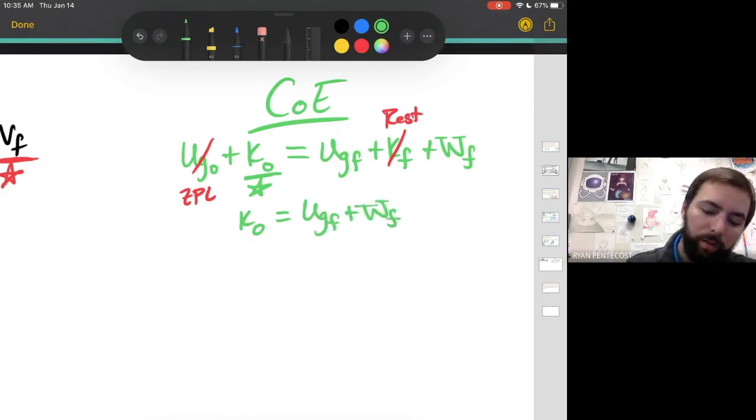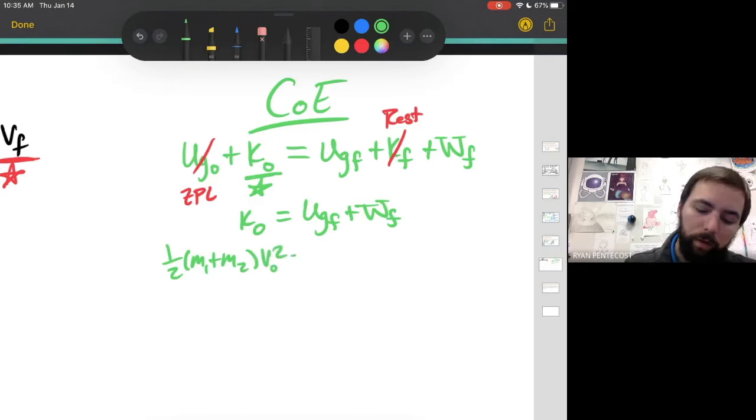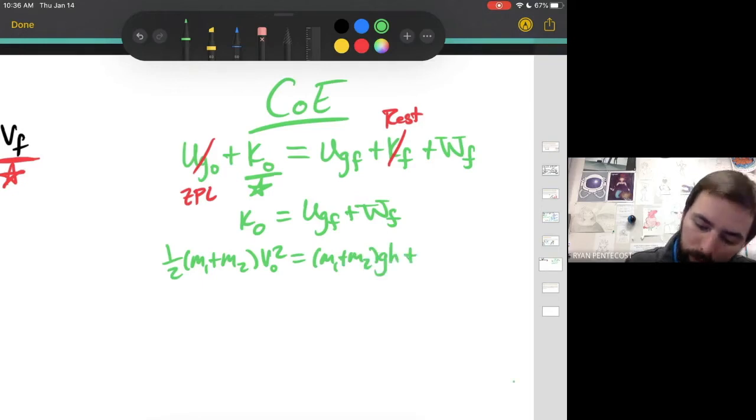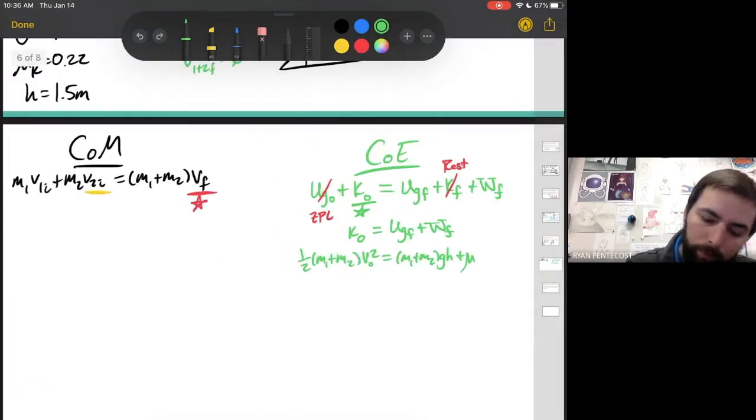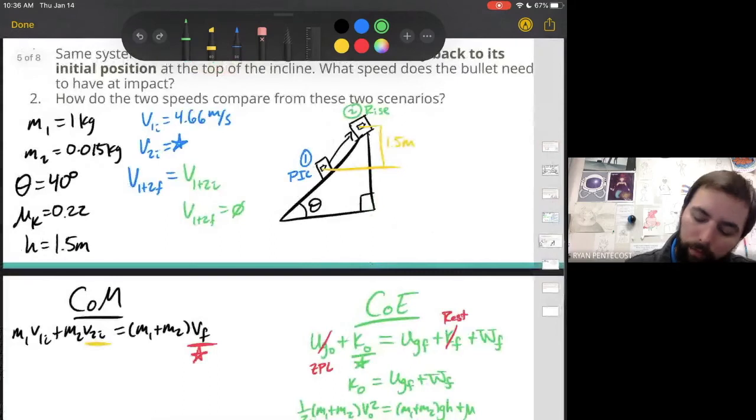Let's expand this out. You need 1/2 M1 plus M2 V naught squared equals M1 plus M2 GH plus mu. We also have the same scenario that we had before, right?